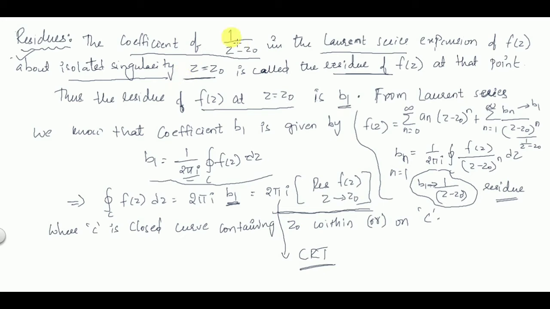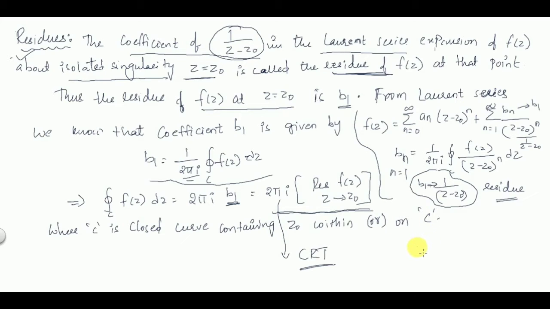So the important point you have to remember about the theoretical point of residue is the coefficient of 1 by z minus z naught in the Laurent series expansion is called as residue. Okay, this is the only point which you have to remember. This is the only theoretical introduction of residue.